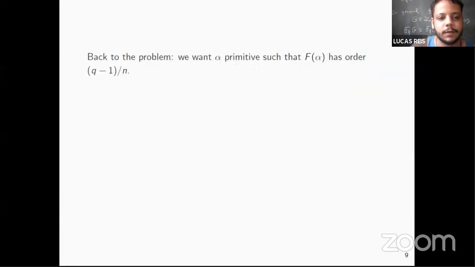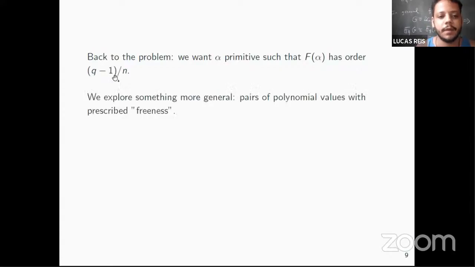Okay, so going back to the problem: rational points on curves y to the n equals f of x with primitive coordinates. As we have seen, we reduced the problem to proving the existence of a primitive alpha such that f of alpha has order (q minus 1) over n.